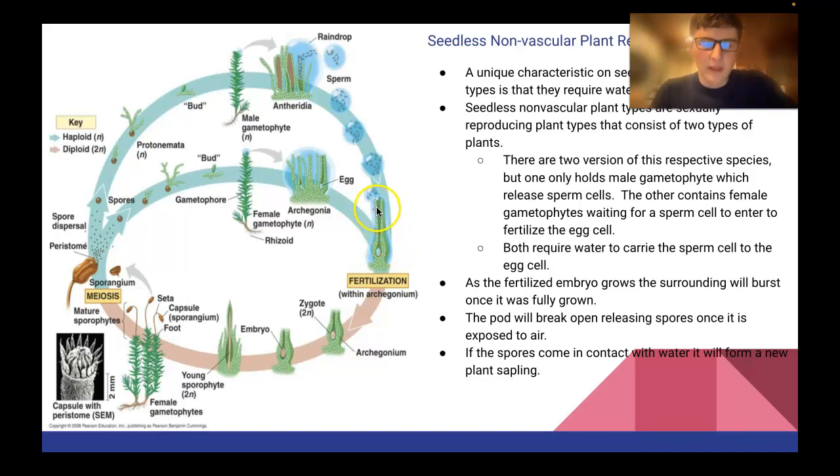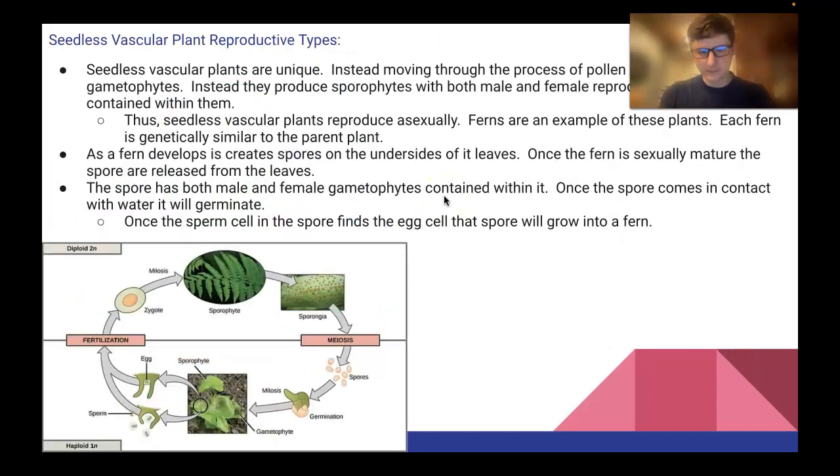It enters into the female plant, fertilizes an egg. That egg becomes an embryo. The embryo grows, and then the embryo rises into the water and breaks above the water line, and then it releases spore cells. And if these spore cells interact with water, then they'll grow and become a new plant.